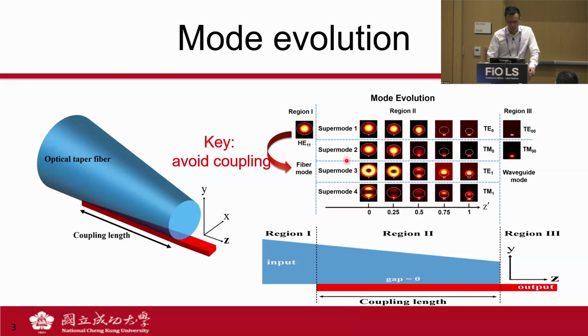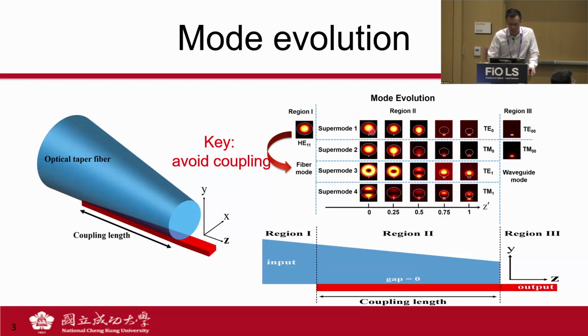If we solve for the super modes along different positions of this coupling or mode evolution region, and we pay closer attention to super mode 1, we can see that at the beginning of the evolution region, super mode 1 is very close to the fiber mode.